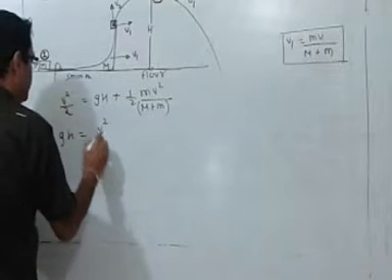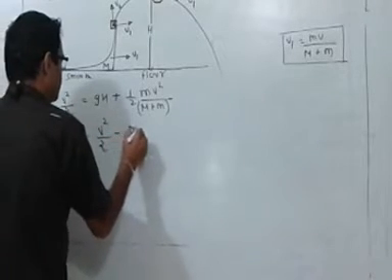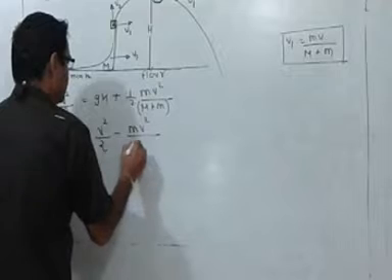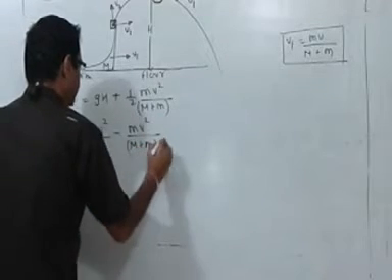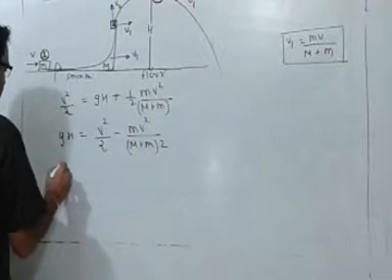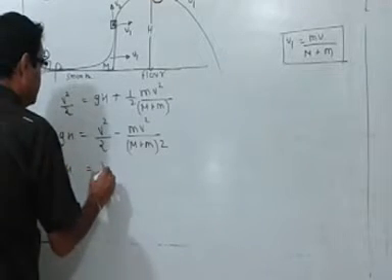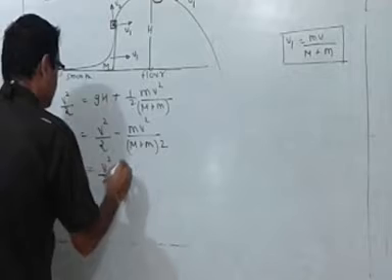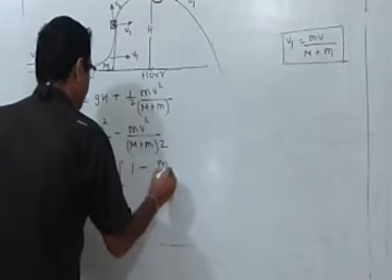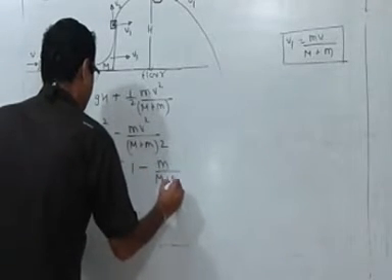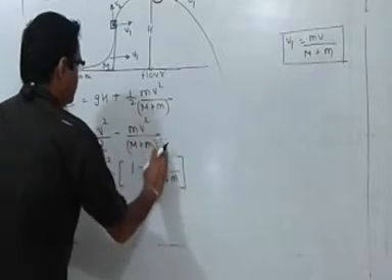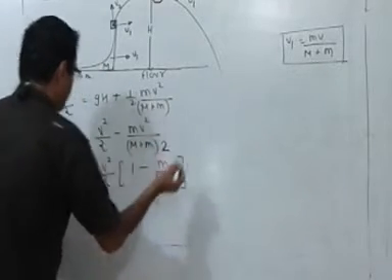So gh will be v square by 2 minus m v square upon M plus m by 2. That gives me gh is equal to, let me take v square by 2 common, 1 minus m upon M plus m. This is not square, please note, this is 2.